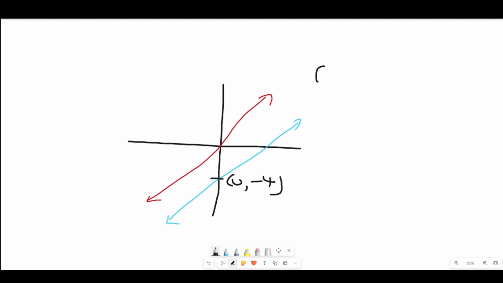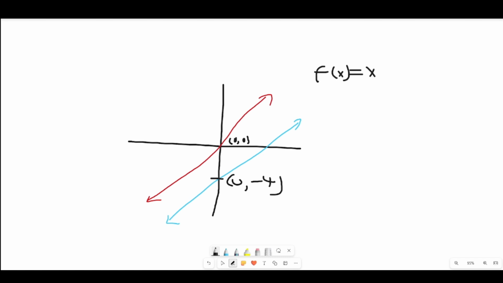So we know the graph of the red line is f of x equals x, right? So we can tell that the blue is parallel, but it's not quite the same. And if we look at it, we see that the y-intercept is at (0, -4). And the original y-intercept is supposed to be at (0, 0).